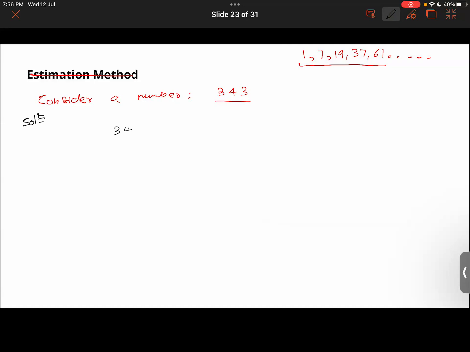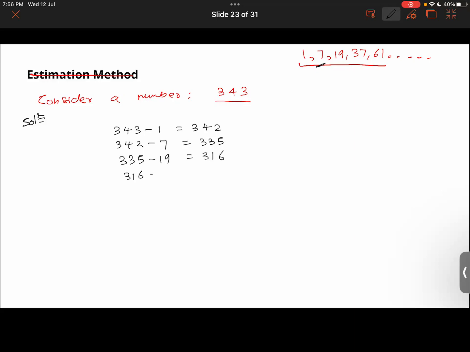First you are going to subtract 1 from it. You get 342. Then from 342, you are going to subtract which one? 7. And that will give you how much? 335. Then from 335, which number should be subtracted, Ahmed? 19. That is going to give you 316.